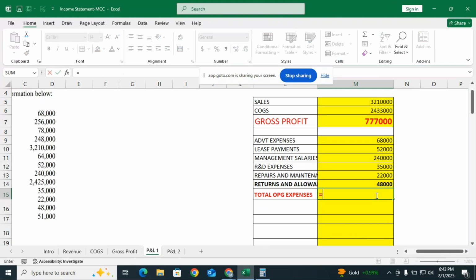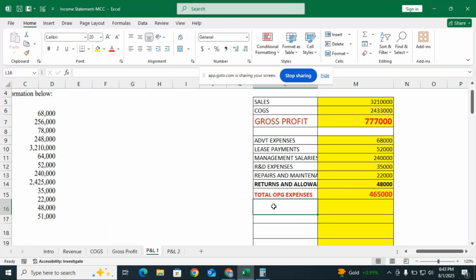Equals to sum. Close the brackets. Select from advertisement till returns and allowances. You get 4,65,000 as the total operating expenses.